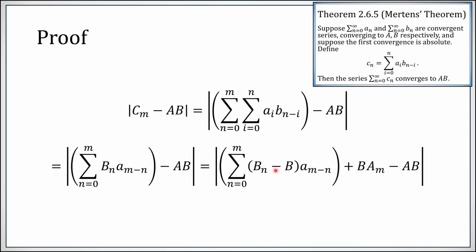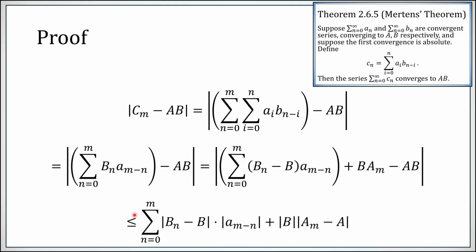What happens when I take this minus B and I multiply it by this sum as n goes from 0 to m? Well, as n goes from 0 to m, I have little a with subscript m counting down to 0. But that's just capital Aₘ. It's all of the little a's, a₀ plus a₁ up to aₘ. So here I have a minus B times all those little a's, and here I have a plus B times all those little a's. So this absolute value is equal to this gigantic term here.